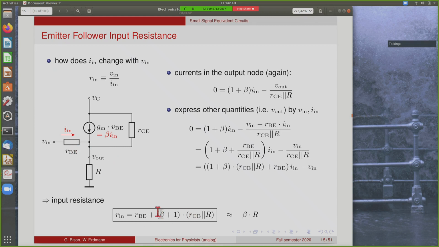If beta is large, as it should be for a good transistor, then this term actually dominates, and we get beta times R for the input resistance. So it's not, as you might think, the small RBE input that is our input resistance, but it's really what we hook up to the output multiplied by the amplification of the transistor.